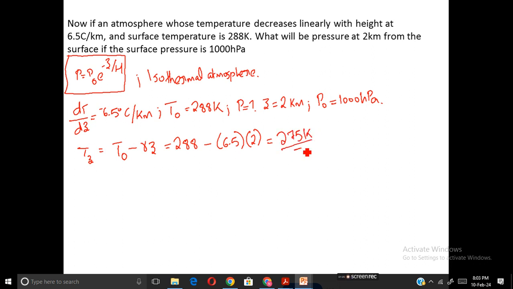So at a height of 2 kilometer, the temperature of the atmosphere is given to be 275 Kelvin. Now in this case, how can we calculate the pressure at the height Z?